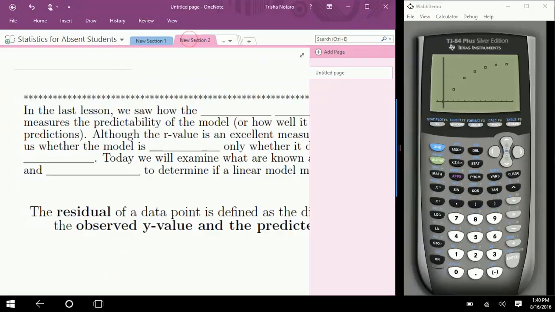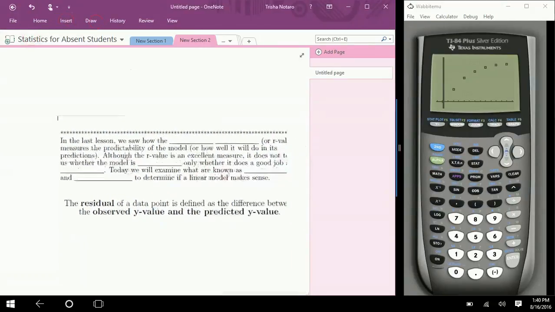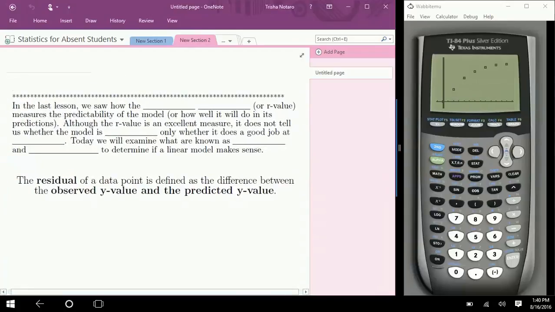Now what we did talk about in the last lesson, either you missed it or you just want to recap.